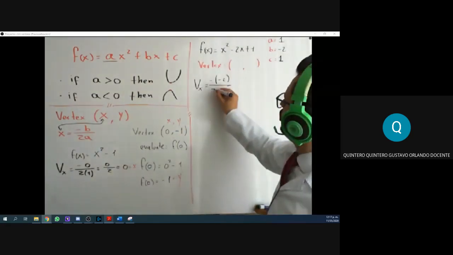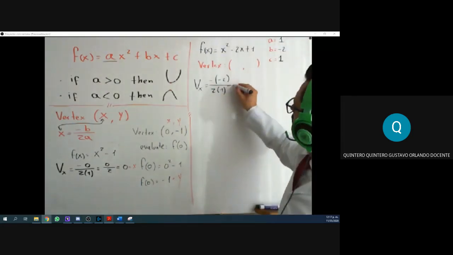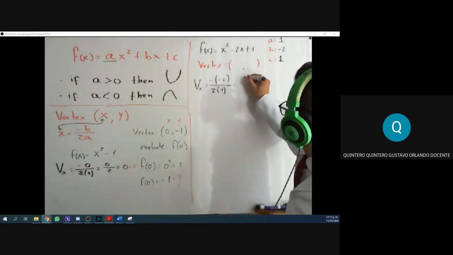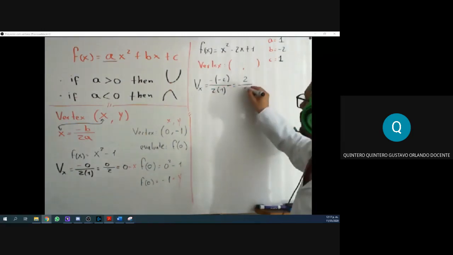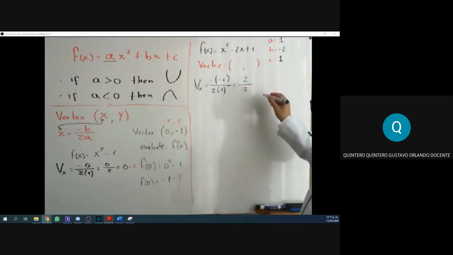So we have 2 times the value of a, which in this case will be 1. All right. What will be then the value of x? Negative and negative will make it so that 2 is positive. And we have 2 times 1, which is 2 as well. Meaning the value of the x coordinate will be just 1.